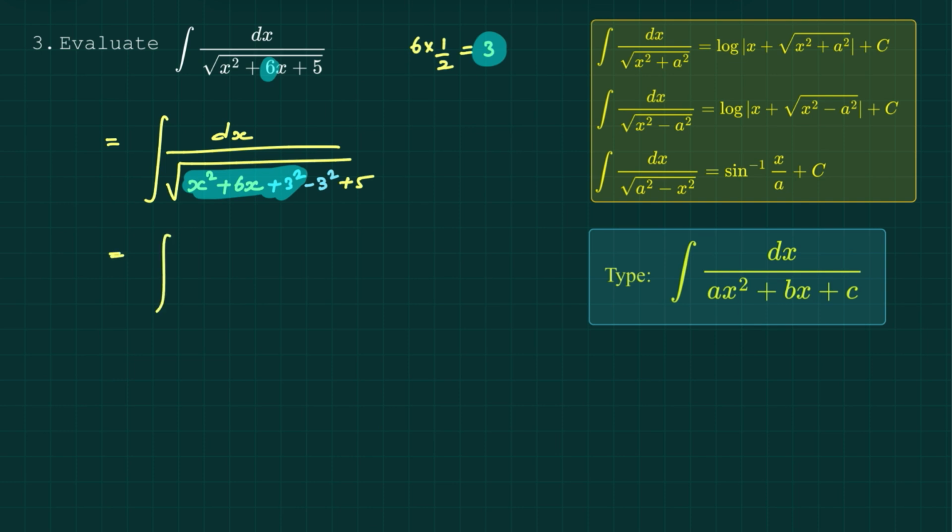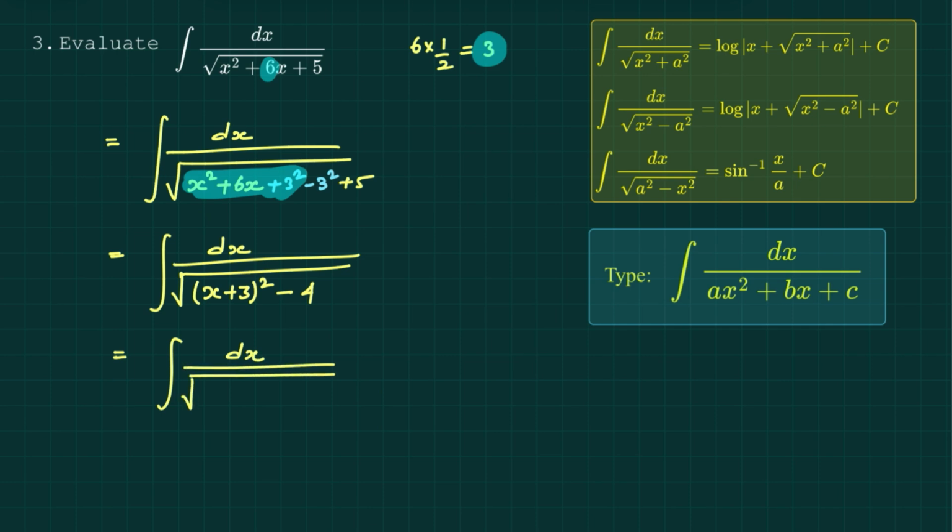So it equals to integration of dx over square root of x plus 3 whole square, and simplifying the 2 terms we will have minus 4 equals to integration of dx over square root of x plus 3 whole square minus 2 square.